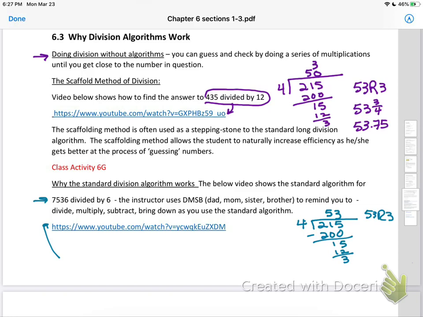Okay, so I got the 1 and I brought down the 5. And a way that kids sometimes remember it is dad, mom, sister, brother. So they go through that method, and that's very, very helpful, especially for kids just envisioning it. And just writing the DMSB on the board kind of keeps them focused on what their procedure is going to be until they get comfortable with it.